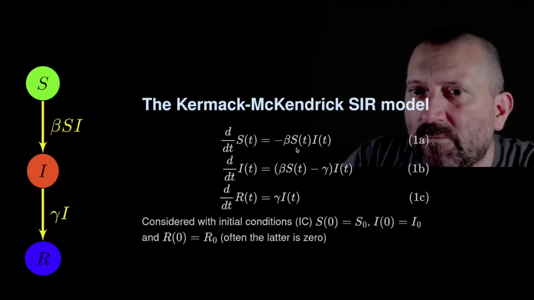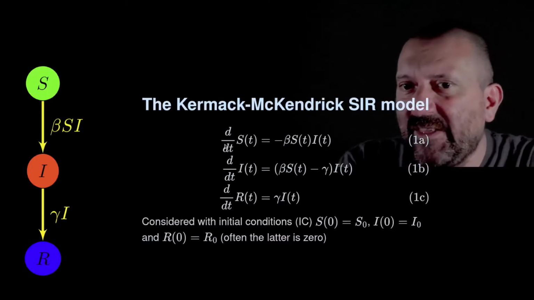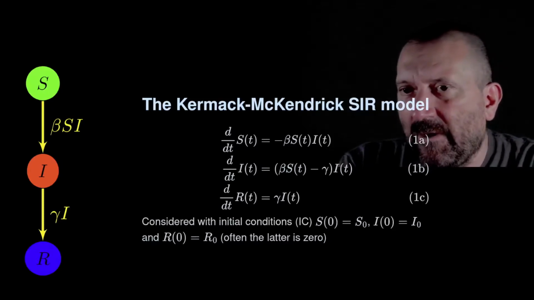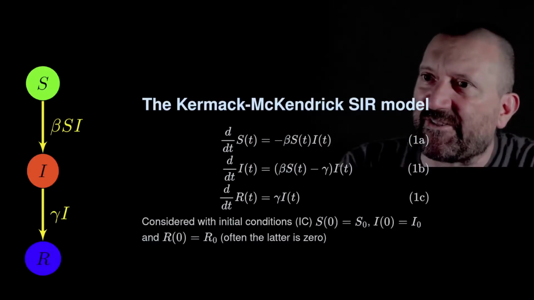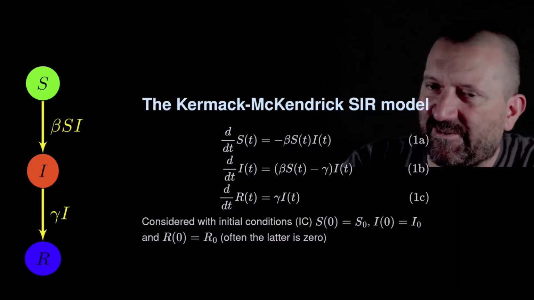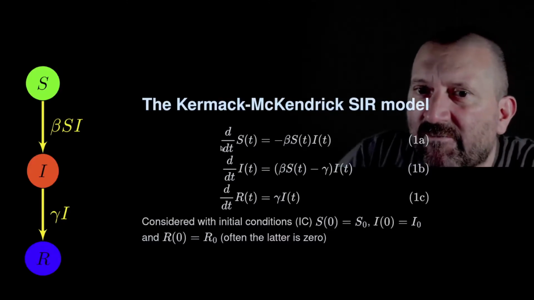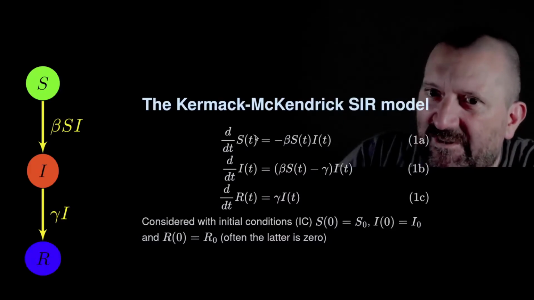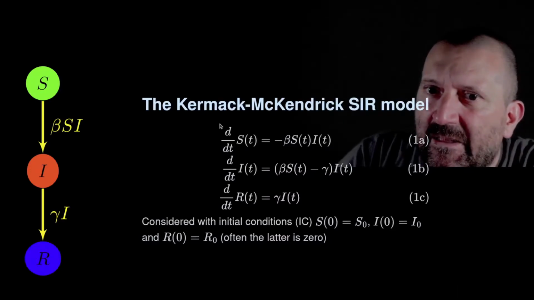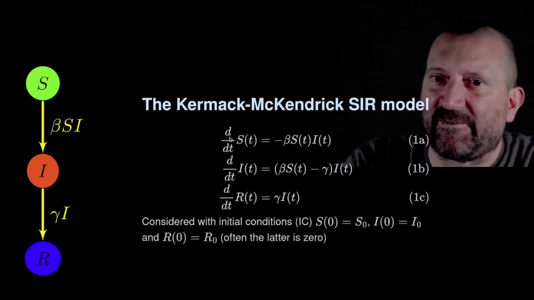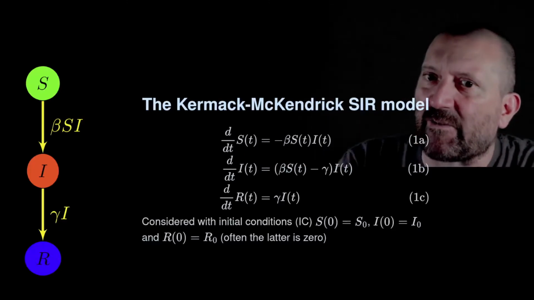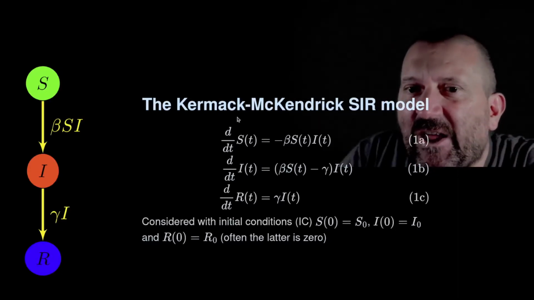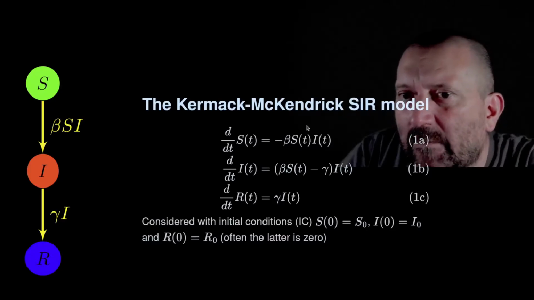And what we do is that we say that these quantities vary as a function of the different processes that act on the compartments. So here, for instance, we're writing that the number S of t of individuals in the susceptible compartment, it changes, okay, this is a derivative with respect to time, t is going to be time all the time. So S of t changes in the following way.